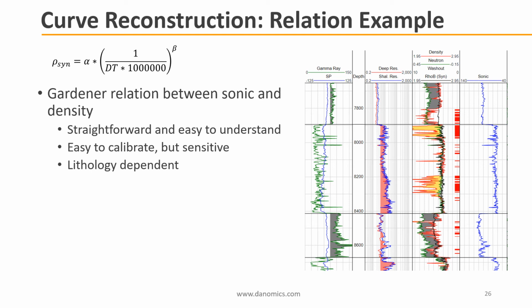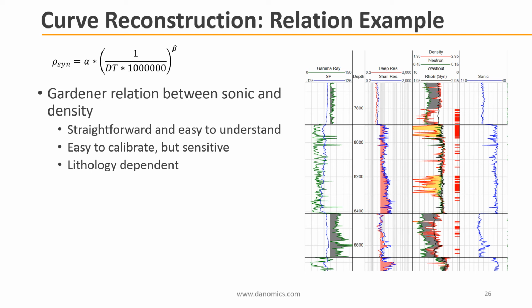So, for example, here we're looking at the Gardner relationship. I think this is something that can work quite well. It's straightforward and it's easy to understand. It's easy enough to calibrate. But it is lithology dependent.